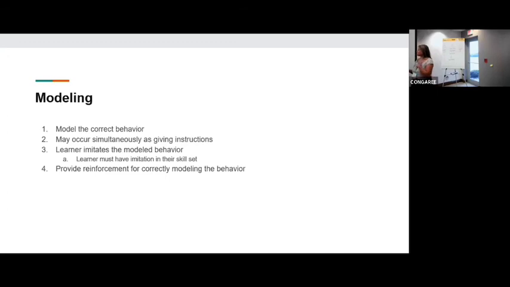And we want the learner to imitate the modeled behavior. So it's important that the learner has that imitation skill in their repertoire. That's where the prerequisites come in. If I know my kid has a lot of fine motor deficits, I might work on those fine motor skills and collaborate with their OT to make sure that they're ready for this, or ask how I can make it easier for them.